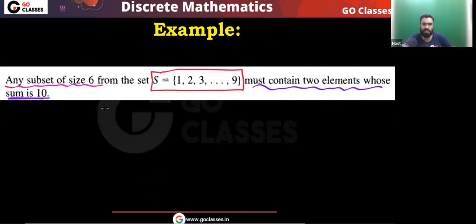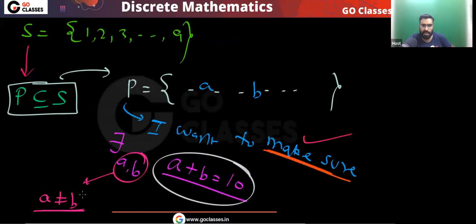More details should be given in the question: two different elements. Actually, this is what I have given. From this set, you create a subset in which you have two different elements whose summation equal to 10. Is this point clear?